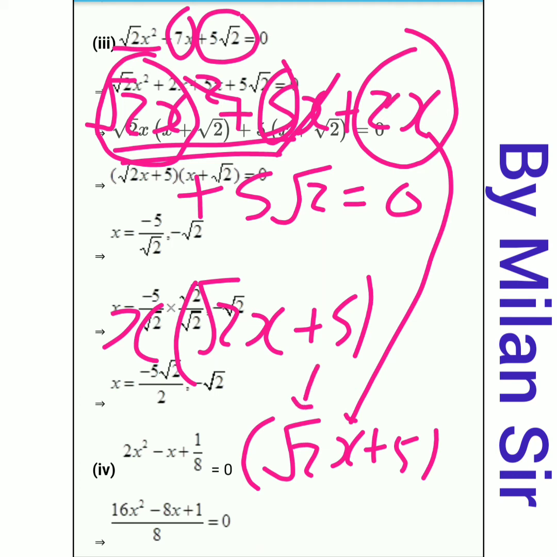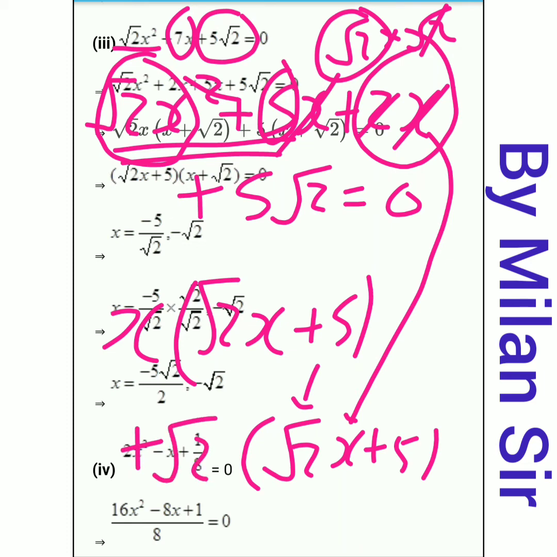Now we can write this 2 as under root 2 multiply under root 2, because under root 2 times under root 2 is only 2. Now under root 2x is already written, so under root 2 we need to cut here. Only under root 2 is remaining, so here we need to write plus under root 2.